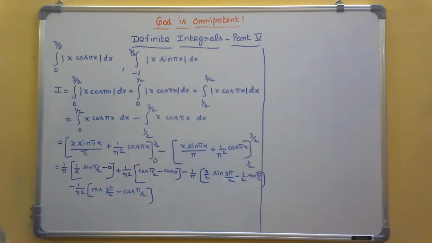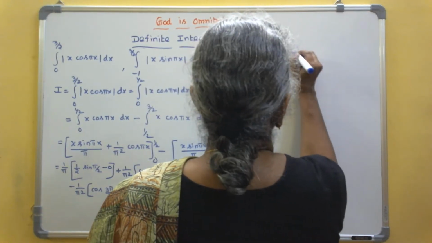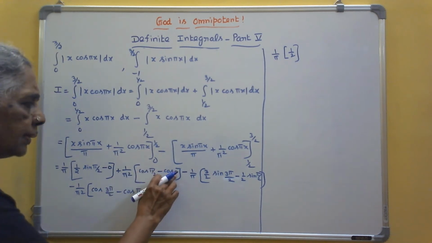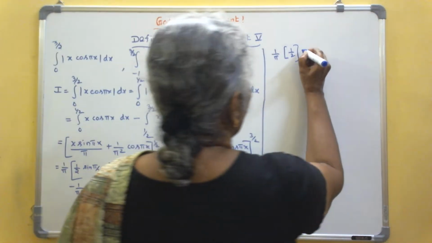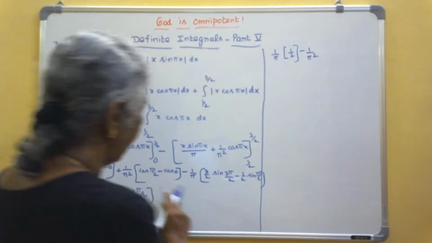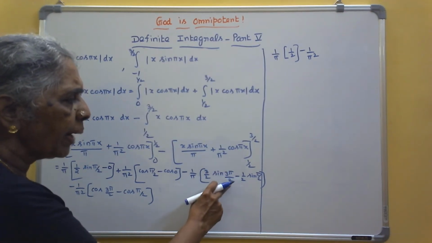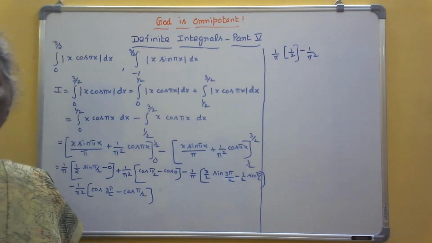So now let us go term by term. Here it is 1 by pi. Sin pi by 2 is 1, so you will be getting 1 by pi into 1 by 2. That's all, because you are having a 0 here. Coming to this one, cos pi by 2 is 0, cos 0 is 1. You have got a 1 by pi squared here, so you will get minus 1 by pi squared. That is the second term. Coming to the third one, sin 3 pi by 2 will be minus 1, so you will get minus 3 by 2.